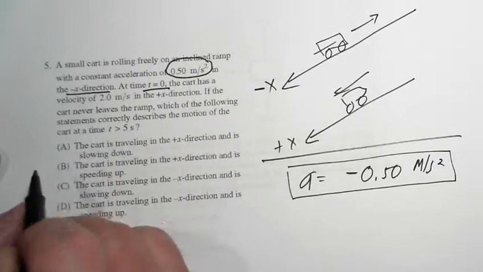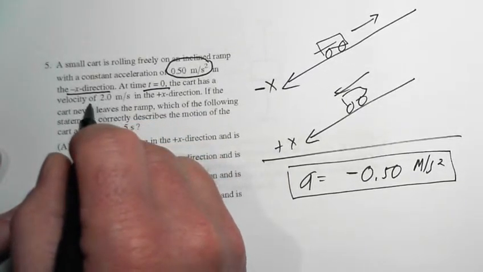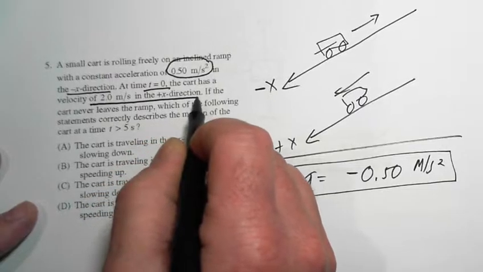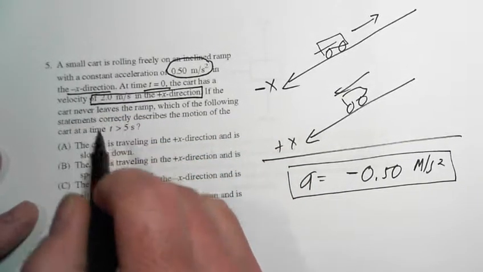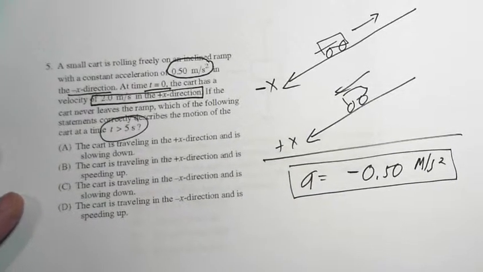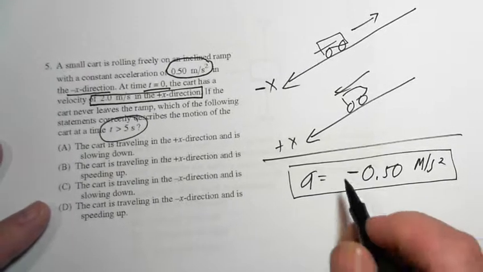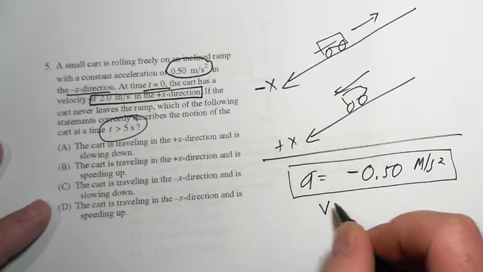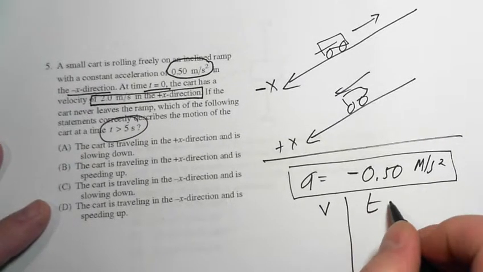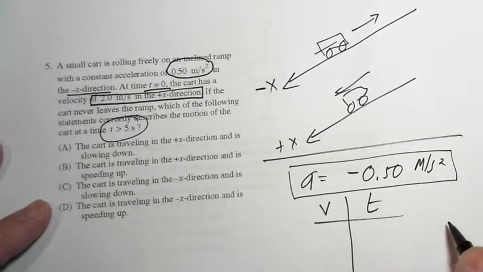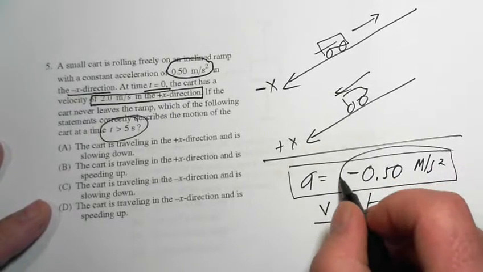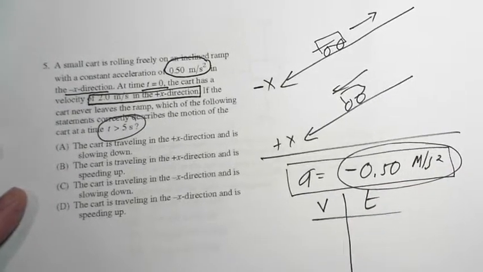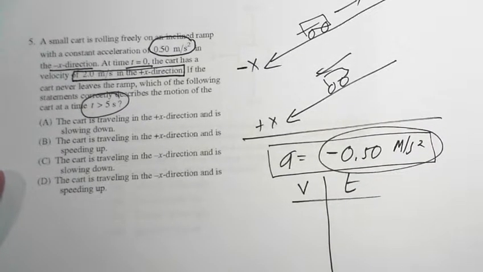So what we see is at the beginning of time, we have some positive initial velocity of 2 meters per second. And we're asked, what is this thing doing from 5 seconds onward? So let's make a quick table of values. Maybe you don't have time to do this in a test, but we do now, and you could just do this in your head. Every second I'm going to change the velocity by negative 0.5.